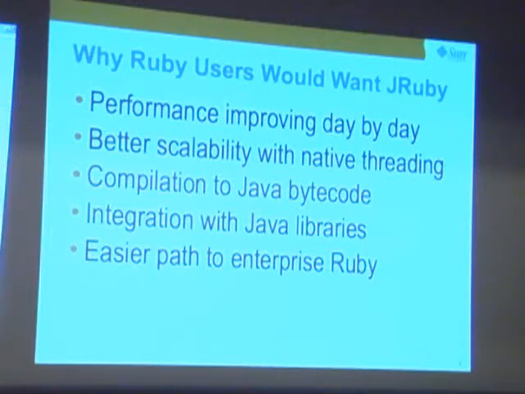We have started to work on a compiler for JRuby to compile Ruby into Java bytecode. Of course, you can also call Java libraries, and Ruby fits into the Java platform very well.